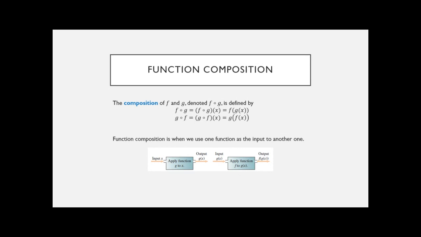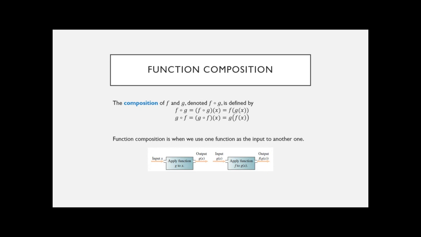So this chart comes from the textbook. You have your input x, and you plug that into your function g, and you get some output, some answer out. Then you take that, and that is now your input to the second function. So it's like you're going through multiple functions. You're embedding a function into another. That's essentially what you're doing.